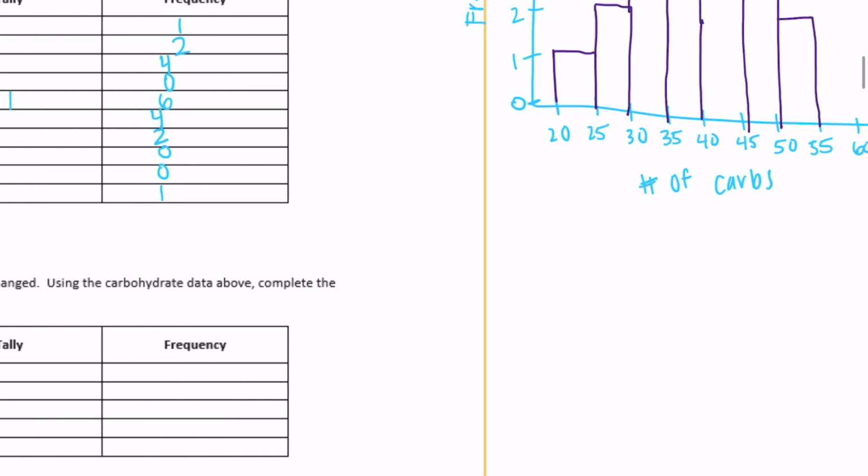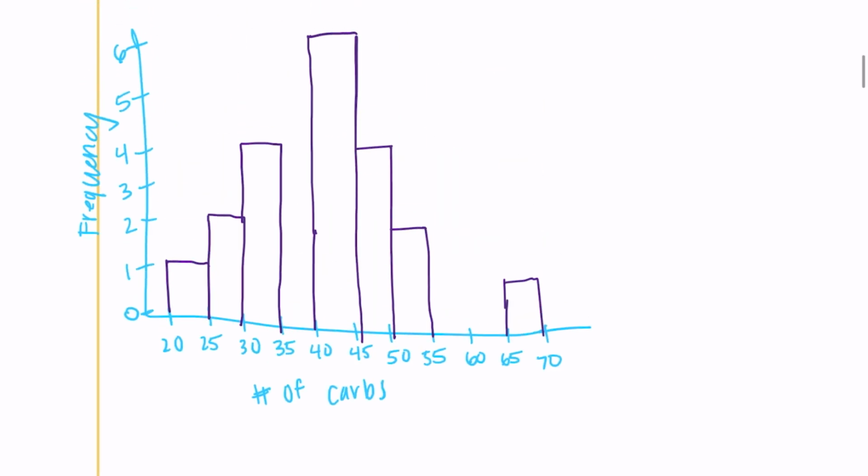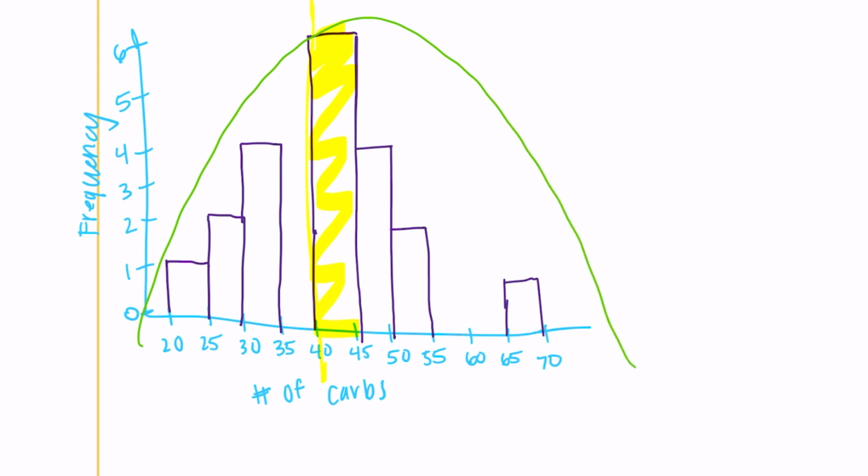Describe the center and shape of the histogram. So, let's see. The center, I would say, this looks to be about the center, right there. So I would say the center is around 40 to 45, so anything in there. And then the shape, I would say it's pretty symmetric, right?